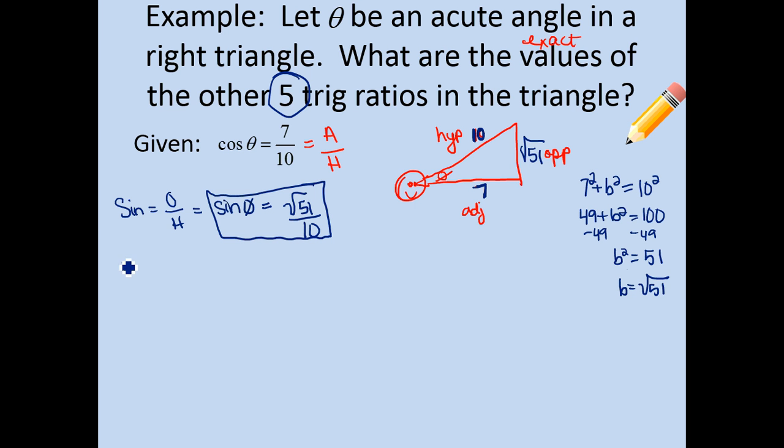We would know tangent is opposite over adjacent. So the tangent of angle theta would be opposite, which would be the square root of 51, over 7.